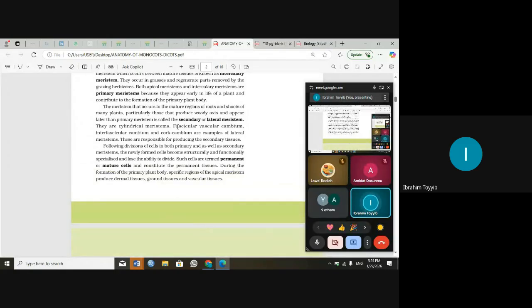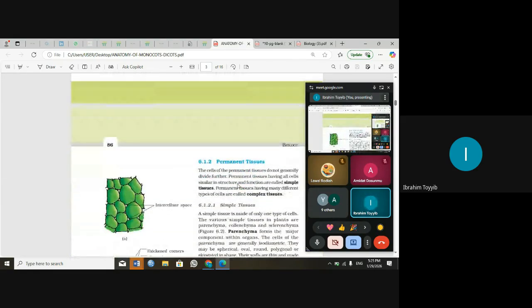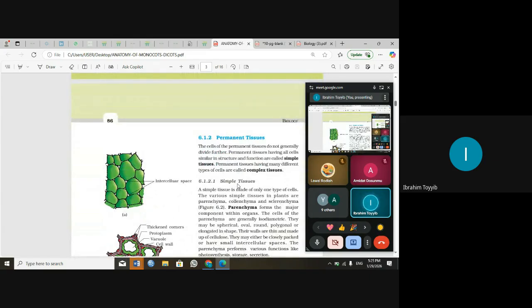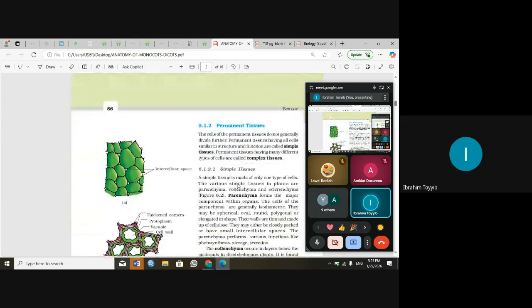So we have vascular cambium and cork cambium. They are responsible for producing secondary tissue. They are responsible for secondary growth. Anywhere you see cambium, its function is that it is responsible for secondary growth.